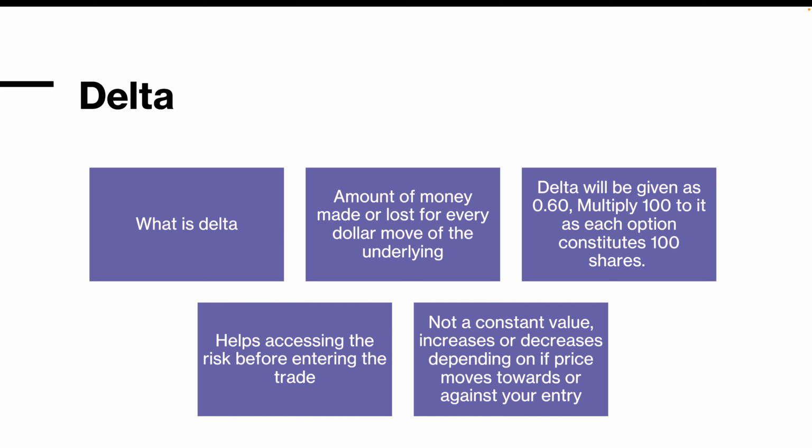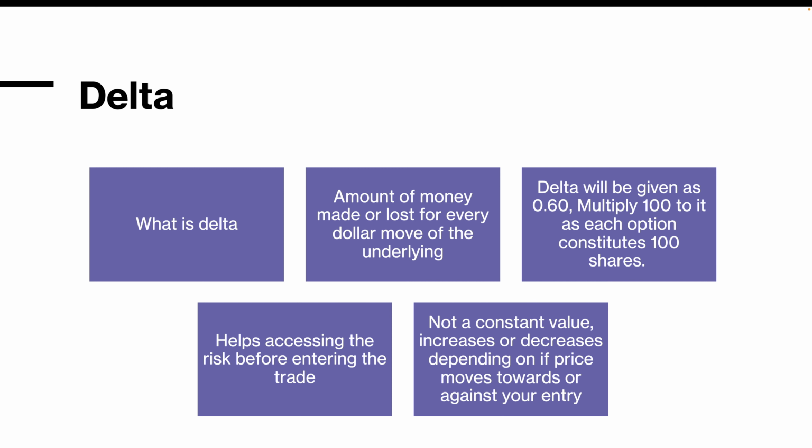When it comes to options, you always have to multiply that value by 100. That number gives you the amount of money you'll be making or losing. For example, if the delta is 0.60, multiplying by 100 gives 60, which means that option contract will make or lose $60 for every single dollar move to the upside or downside in Apple.